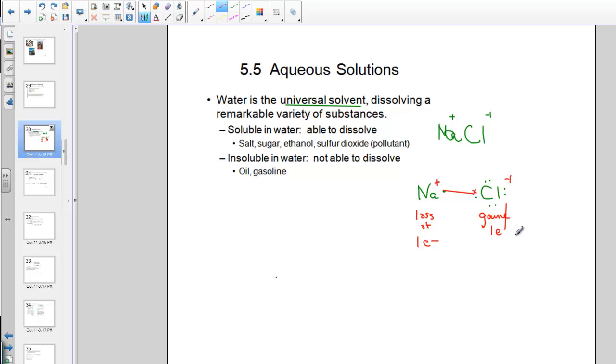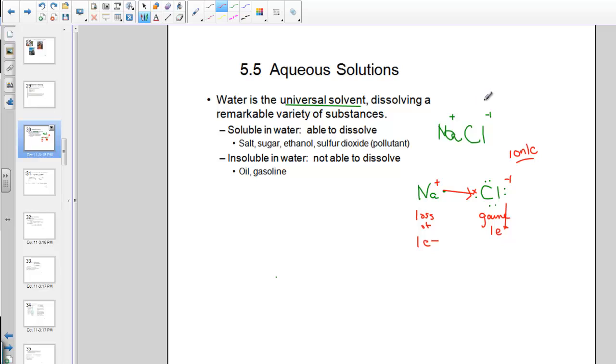So gaining 1 electron made it a negative charge. So we're going to refer to this as an ionic compound. An ionic compound is built of ions, and ions are charged atoms. Those charged atoms can be positively charged or negatively charged, and when they actually form a compound, they transfer an electron, sodium donating it over to the chloride, resulting in an ion.